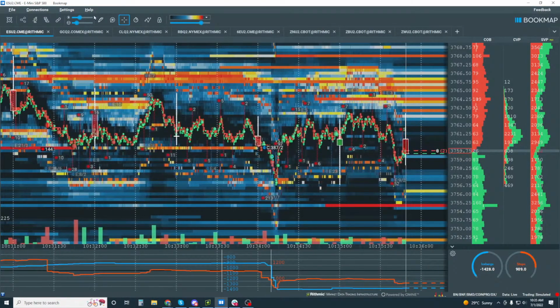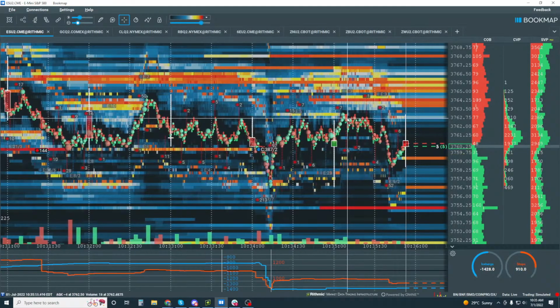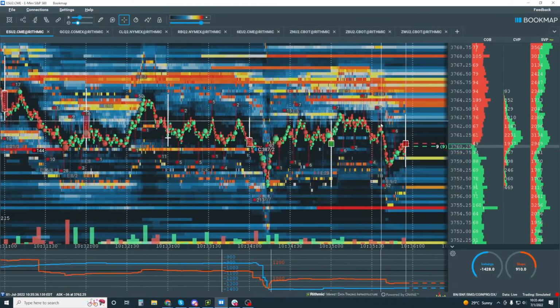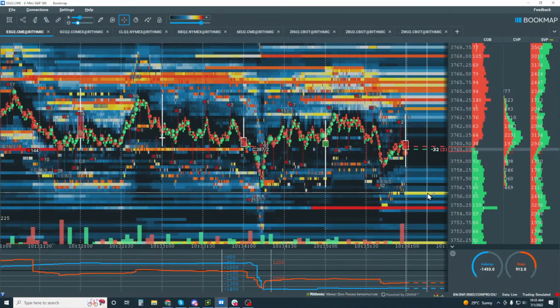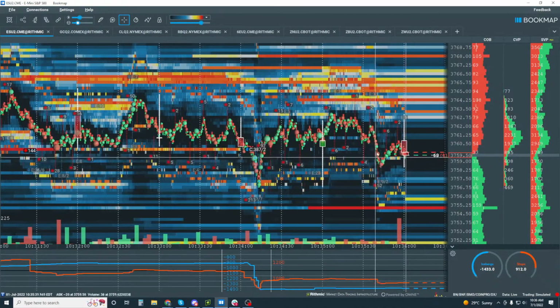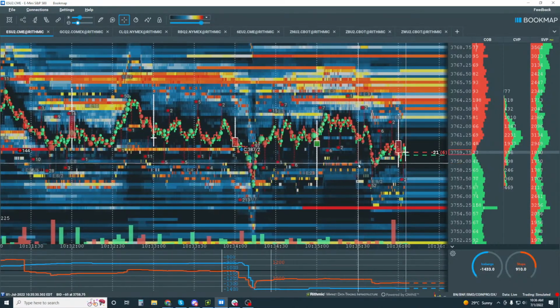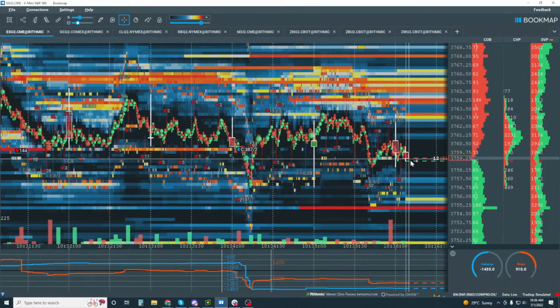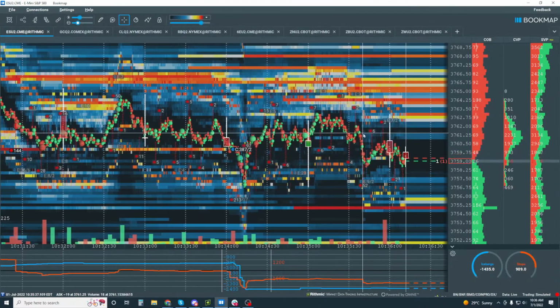We need to see green dots up here. Do we have that? No. We had a little bit here, but we were just looking at it right now, and we don't have that. Number two is we're looking for the order book on the bid to be pretty solid underneath here, with the intent to trade at these levels down here around 59, 58, maybe even higher. Do we have that? No.